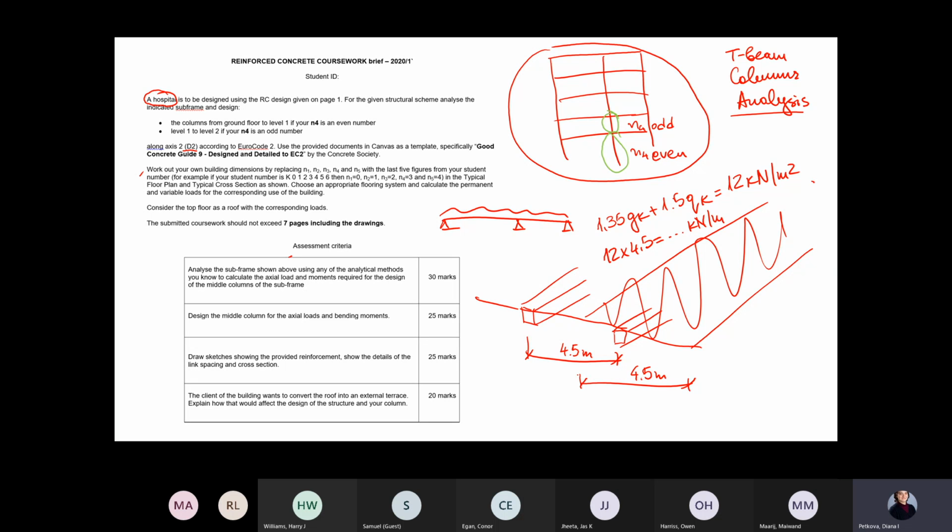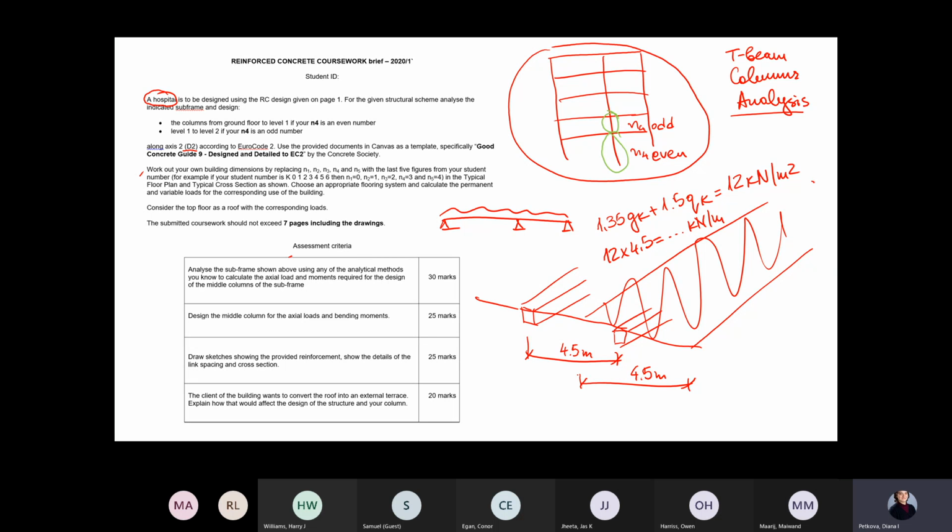So you can use different subframes depending on whether you want to find the moments in the whole beam or only in one span of the beam, whether you're looking at a corner column or middle column, and so on.